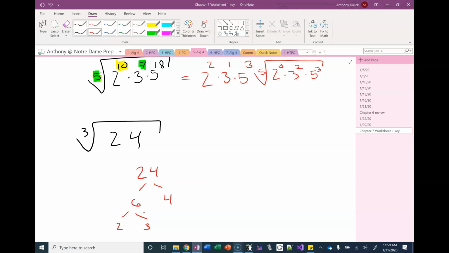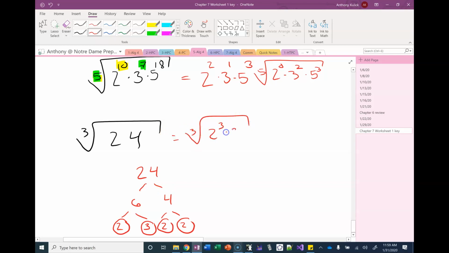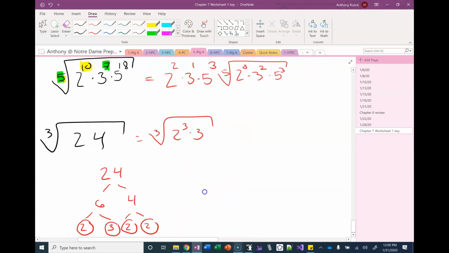Now let's look at 4. 4 is not prime because it can be 2 and 2. And we're done there because 2 is a prime number. So what I have is 2 to the third times 3. And now it's just like the previous problem. We just had that extra step of doing a prime factorization to get it into the form where we can use our exchange rates. Okay.